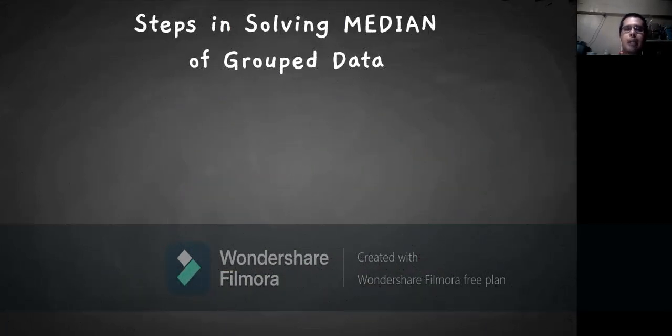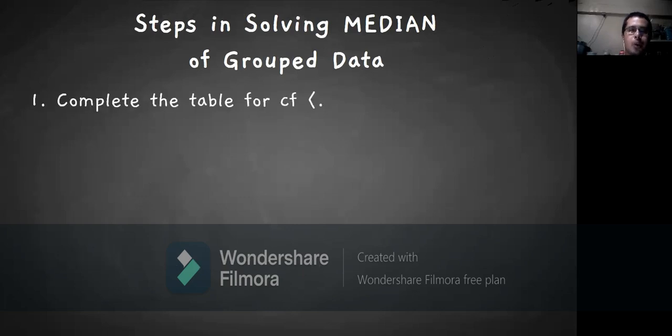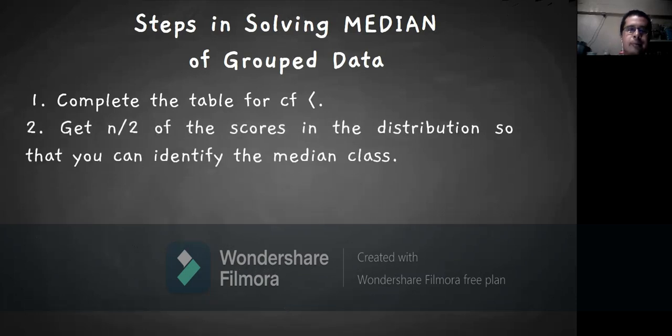Here are the steps on how we are going to solve the median for grouped data. First, we complete the table for cumulative frequency, of course in increasing order, because our data is listed from lowest to greatest. Next, we get the half, or n over 2, of the scores in the distribution, so that you can identify the median class.